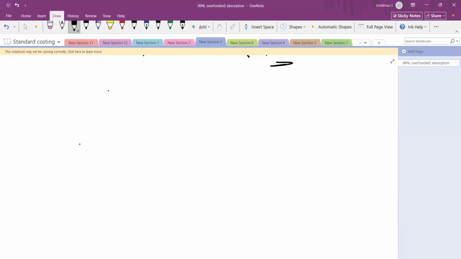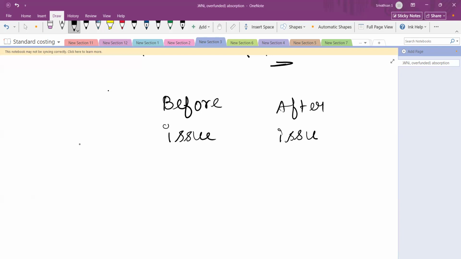For that, let's take some assumed numbers. So let's prepare the income statement before the issue of debentures and after the issue of debentures. And let's make an assumption that before the issue of debenture, EBIT of the company is, let's say, 1 lakh rupees. And after the issue of debenture also, let's make an assumption that EBIT of the company is same, 1 lakh rupees.